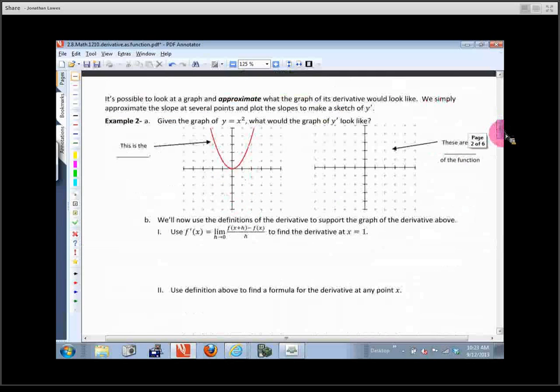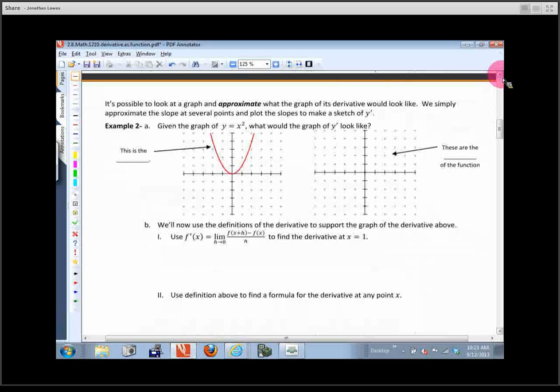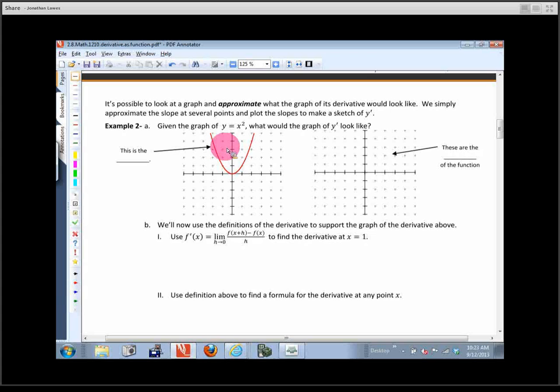Okay? Now, you've got some problems on your assignment where it asks you to approximate what the derivative would look like. So we're going to take this very familiar function right here. Y equals x squared. And we're going to estimate what the derivative would look like.